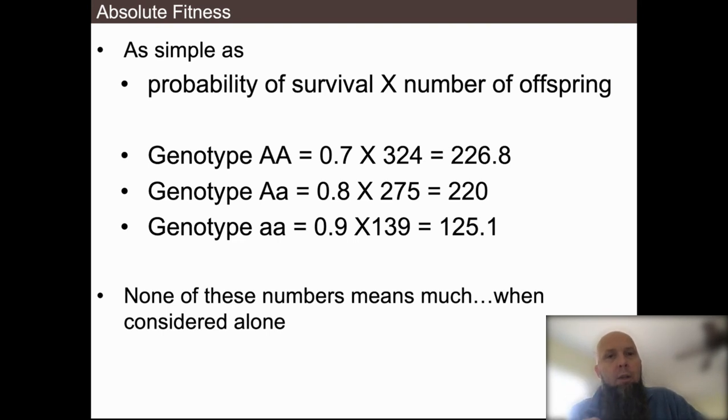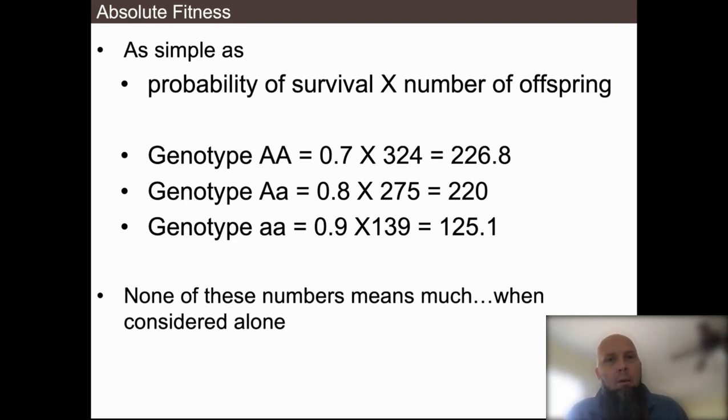The homozygous recessive genotype has a 90% chance of survival, and they on average have 139 offspring. The absolute fitness is calculated by multiplying these two numbers, and you can see I've calculated those here.